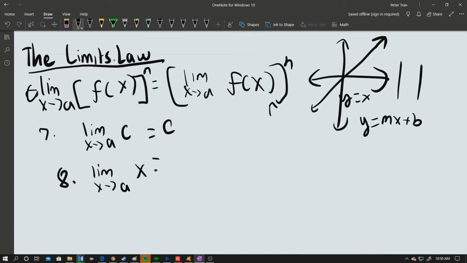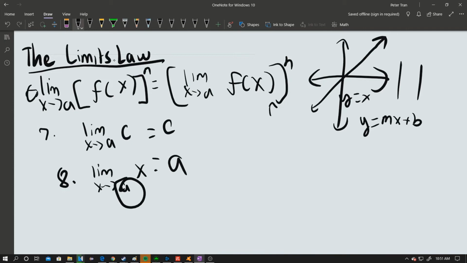The limit of a linear function is equal to the number x is approaching. So the limit of a linear function is equal to the number where x is approaching. Because the limit as x is approaching a equals a.